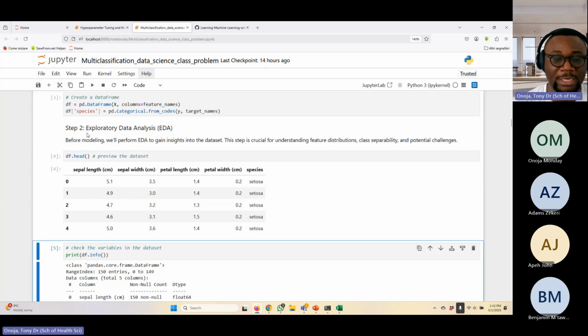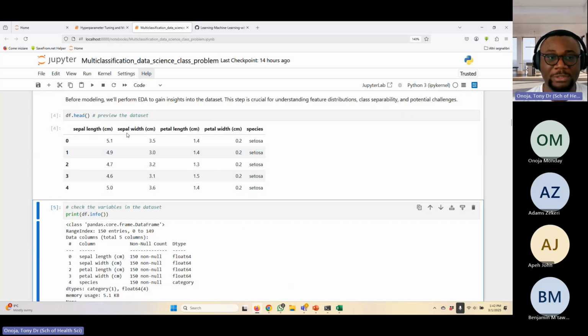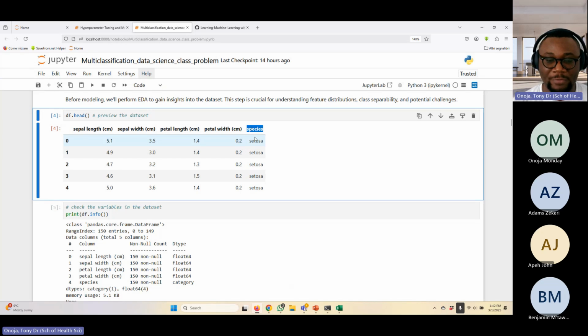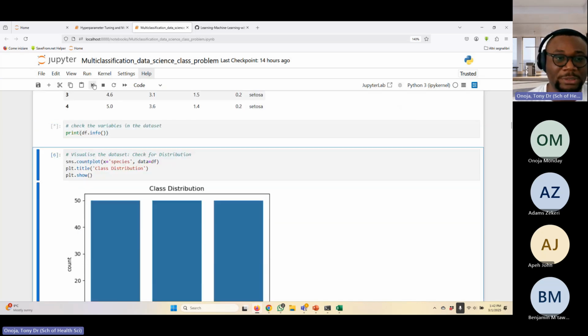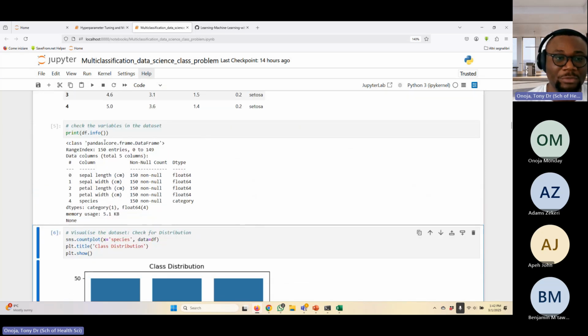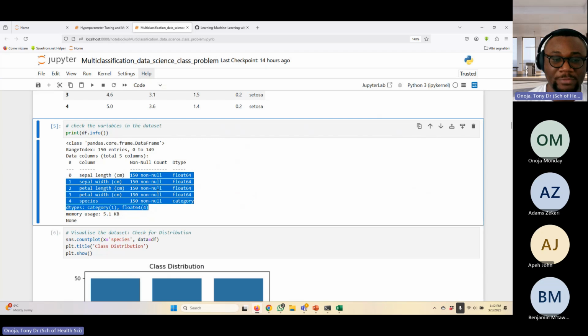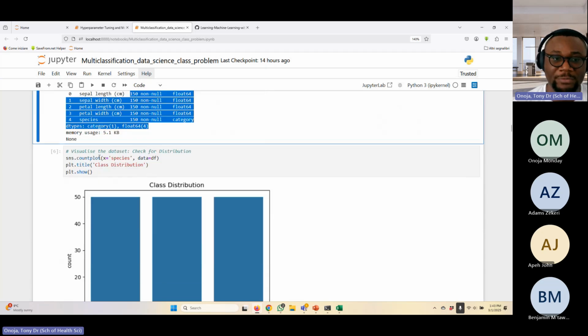So df.head() will help you with that. You will see the features are just four of them, and the species. It's a very small feature set, but it's just for us to understand what's happening. Again, we run df.info() to see if there are missing observations. We don't have any missing observations in this case, which makes sense.